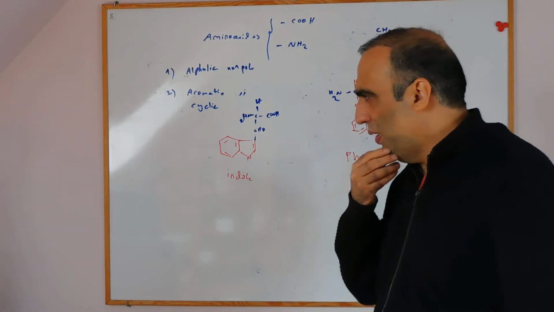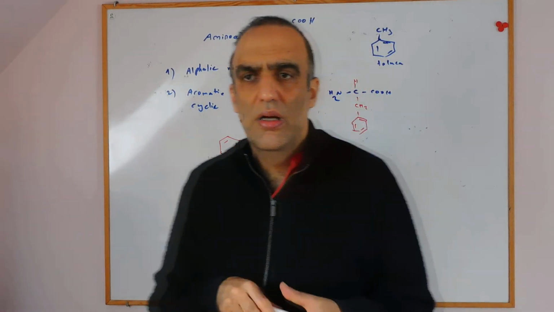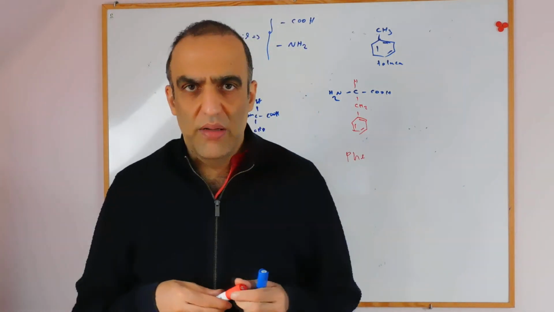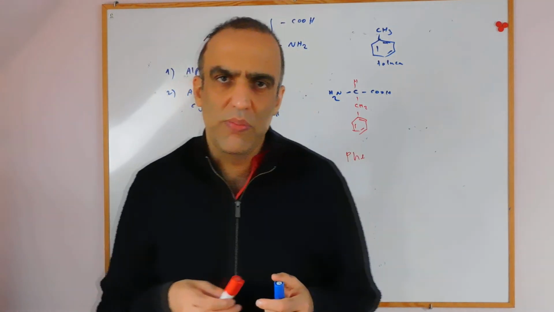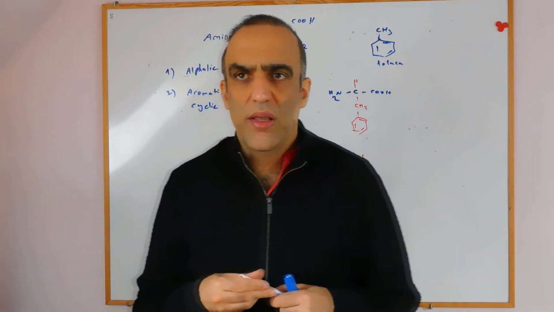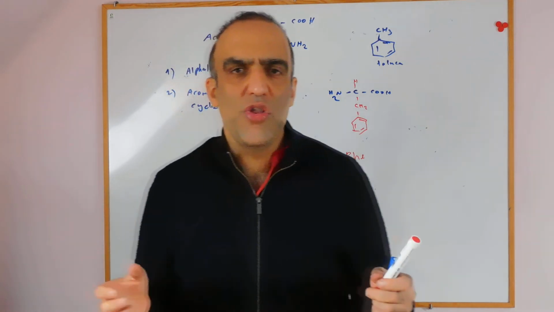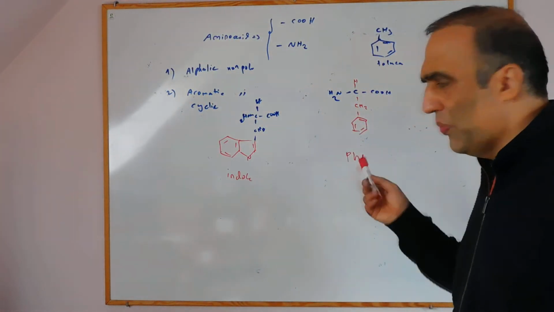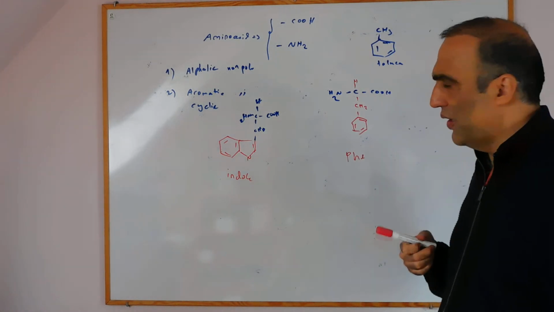It is used in the body. We will see in the next lecture the synthesis of serotonin, which is very important. It is one of the neurotransmitters in the CNS, which helps with happiness and prevention of depression and anxiety.